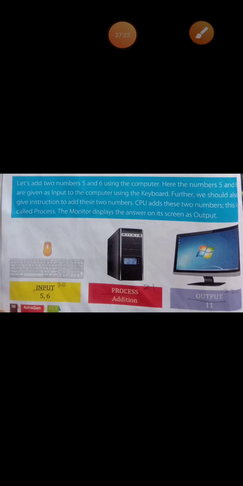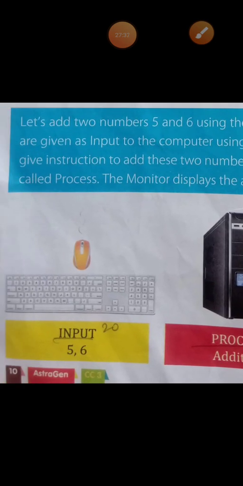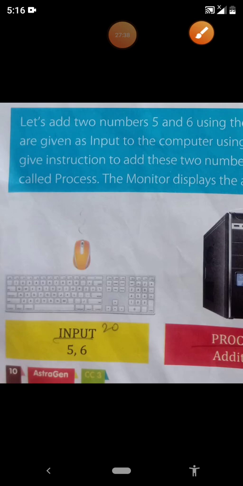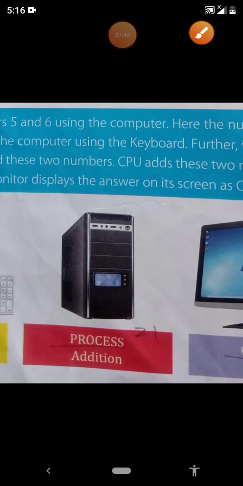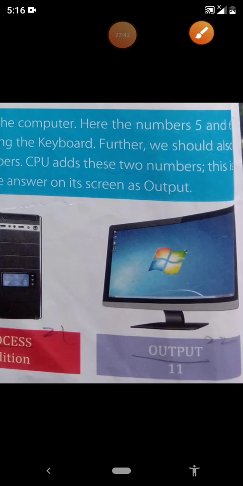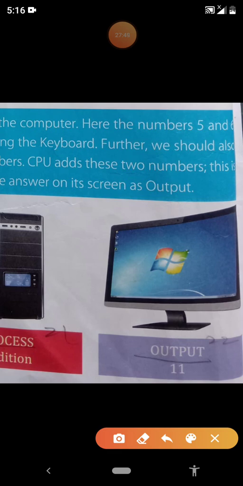Next, for example, let's add two numbers, 5 and 6, using the computer. This is the input, whether it is from a keyboard or mouse: 5 plus 6. Using the computer, the process is addition because we gave a plus symbol. The output is 11. So this is the input, this is the process and this is the output.